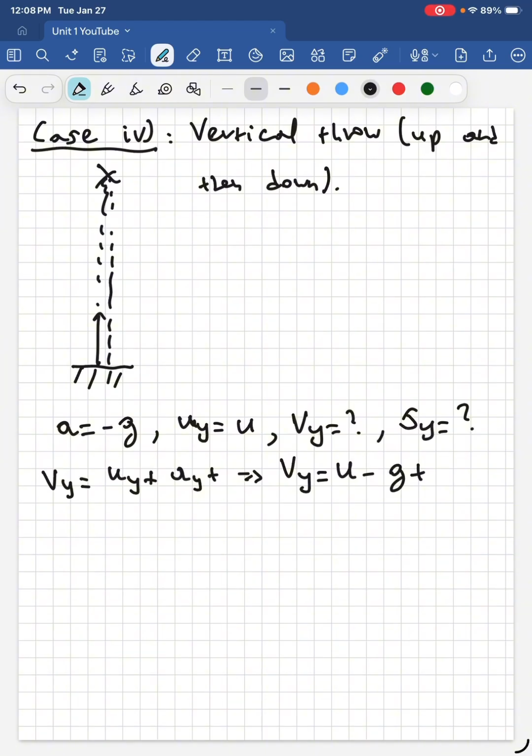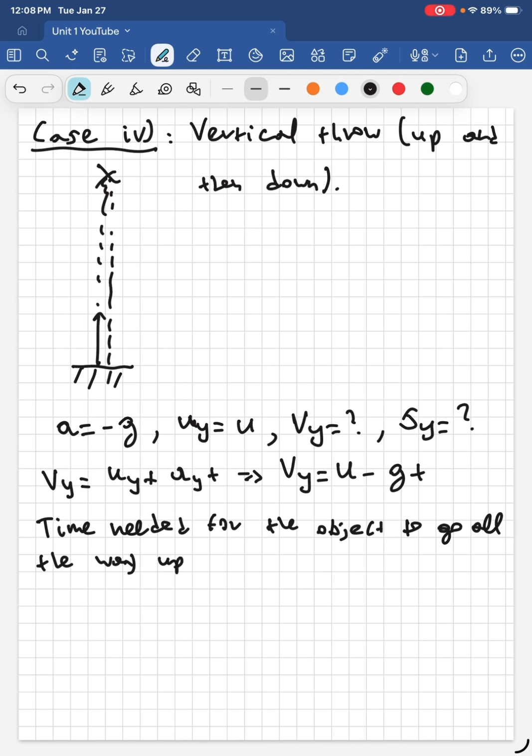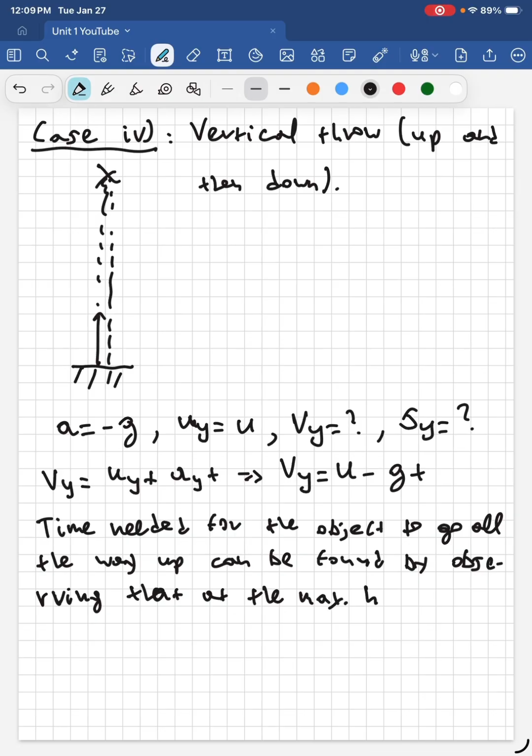By simply observing that at the maximum height, the final velocity v_y is 0, right?